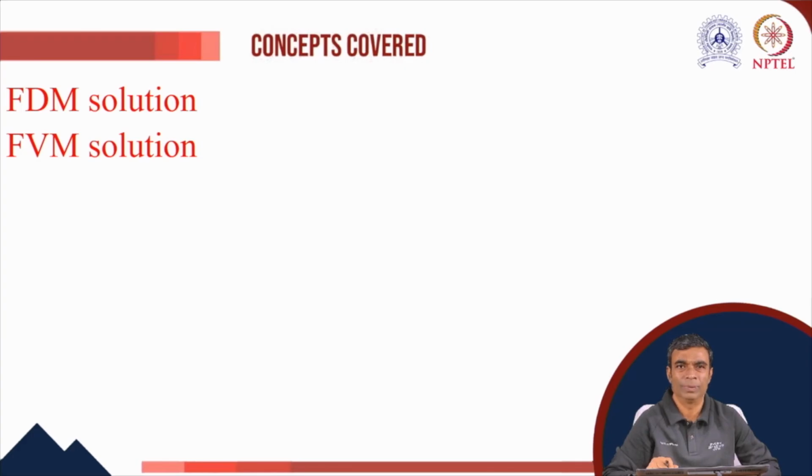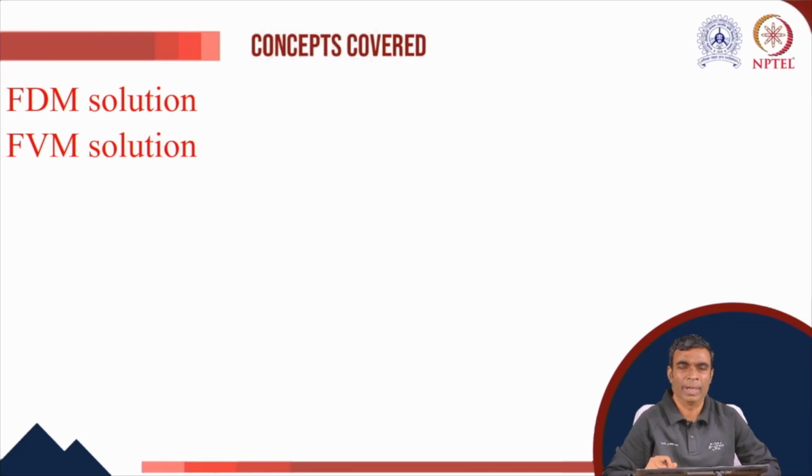In today's class, we shall illustrate the FDM and FVM solutions of one-dimensional heat conduction problem subject to essential boundary conditions. To this end, we shall consider Poisson equation of heat conduction in one dimension subject to essential boundary conditions at both the boundaries.